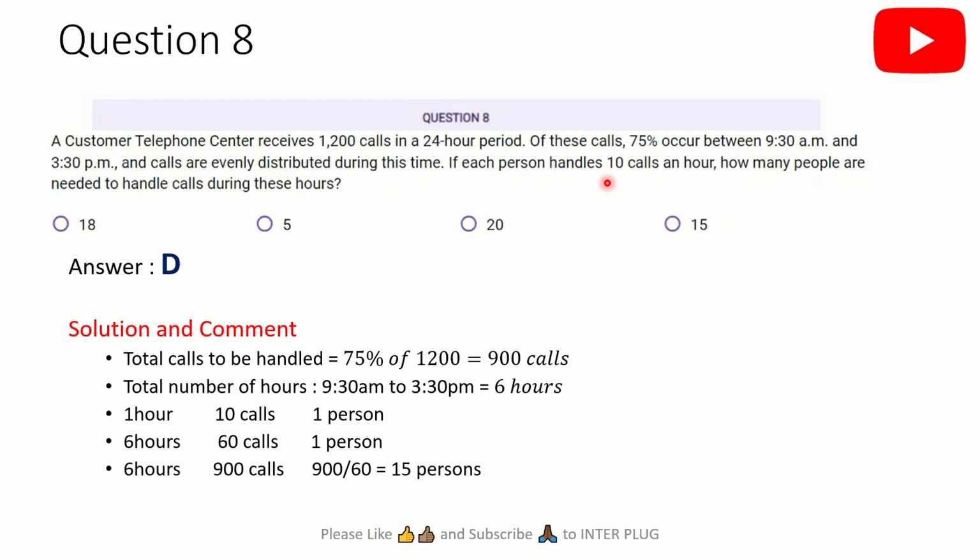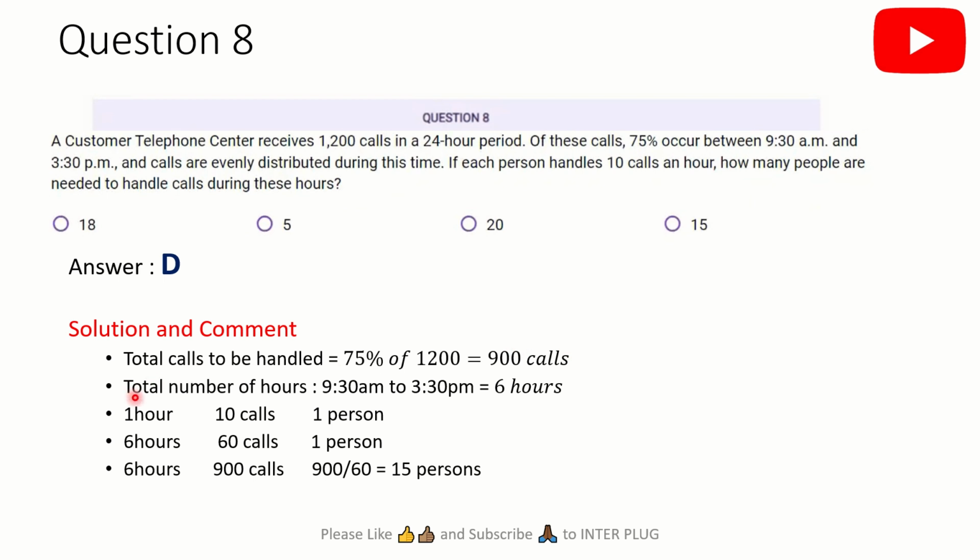If each person handles 10 calls an hour, how many people are needed to handle calls during these hours? So only 75% of the calls are between 9:30 a.m. and 3:30 p.m. That's the first information we take. Total calls to be handled is 75% of 1,200 calls, so that gives us 900 calls.